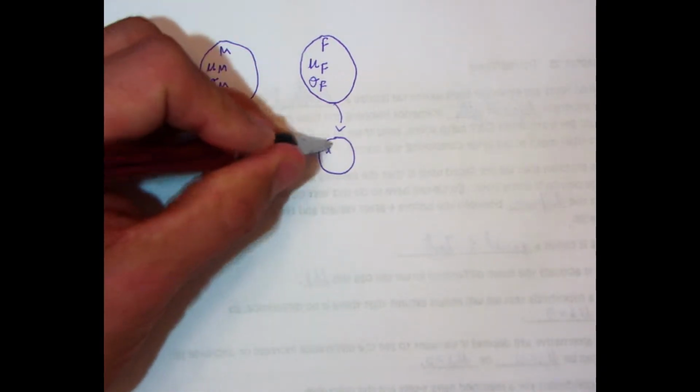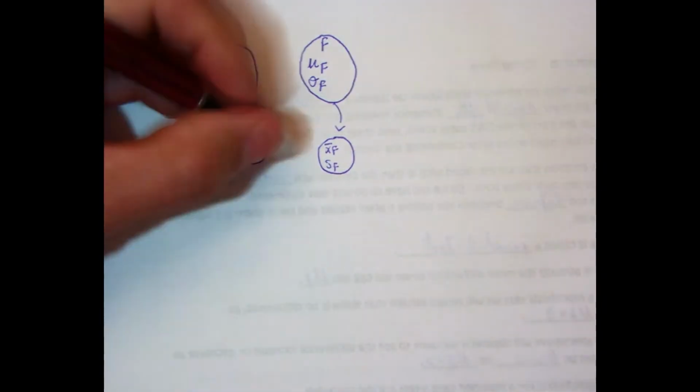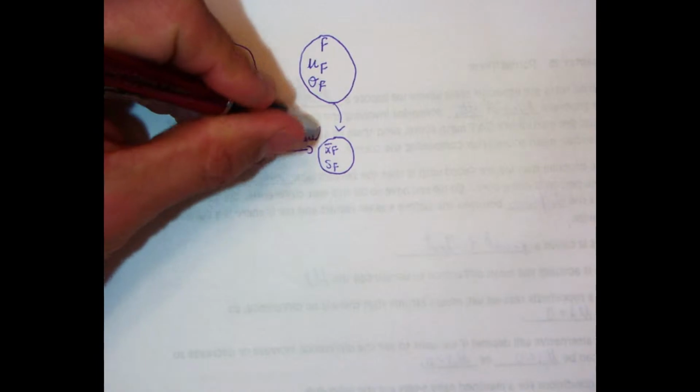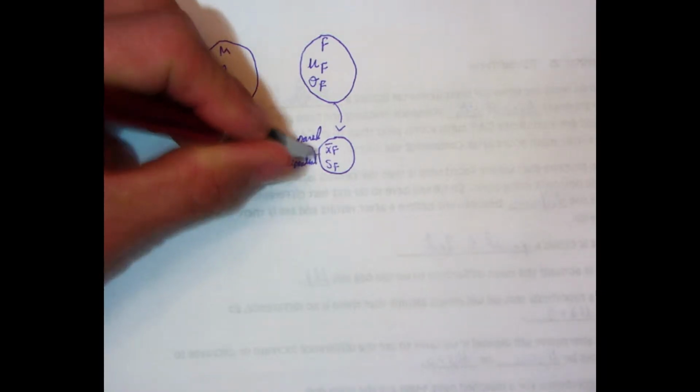So this would be X bar sub F and S sub F. And then we compared them, and we said, is there evidence of a difference in the samples? Because what we're looking to see is whether there is evidence that males do better or worse in math than females do. When we compared them, they were independent of each other. What males do in math is independent of what females do in math.